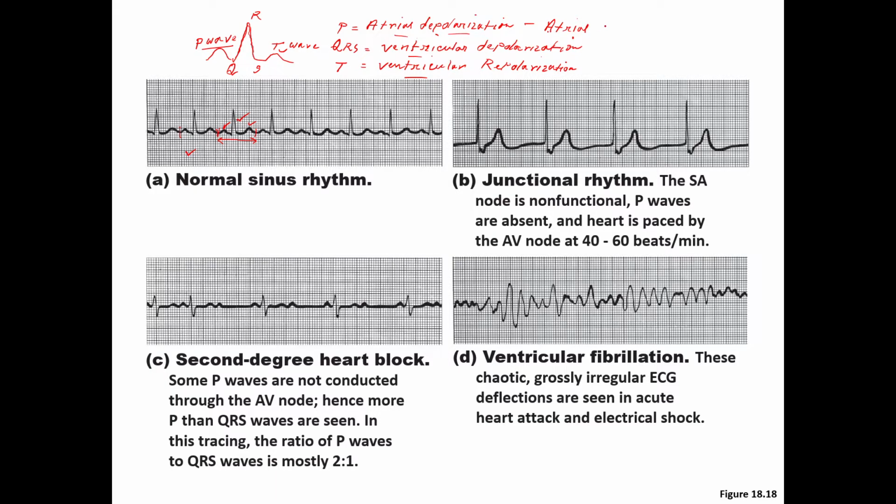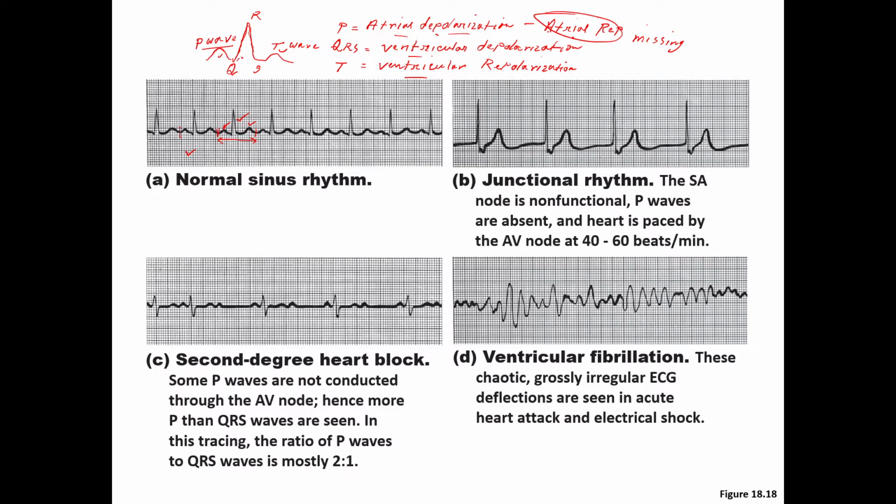Atrial repolarization is missing in the EKG tracing. Why is that? Because you see here, this is the P wave, atrial contraction, then after that atrial relaxation occurs, right?